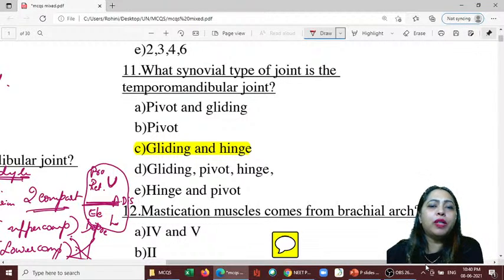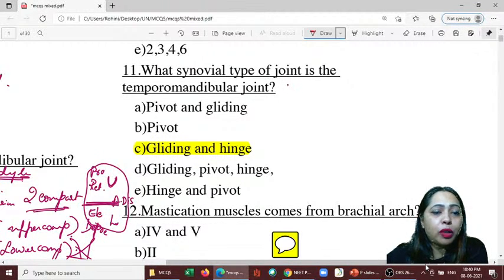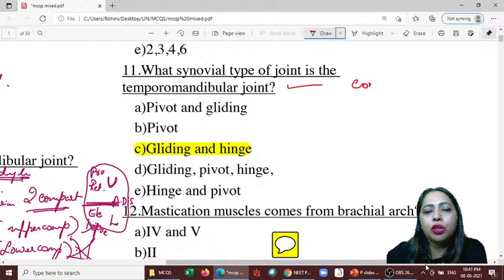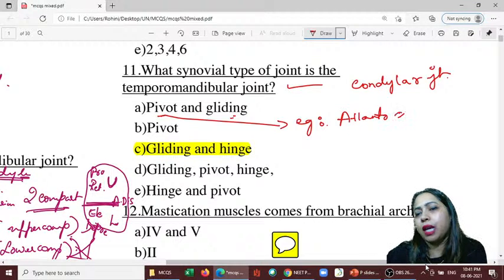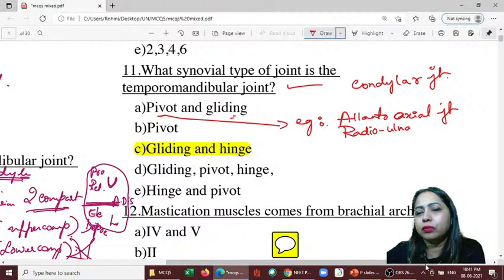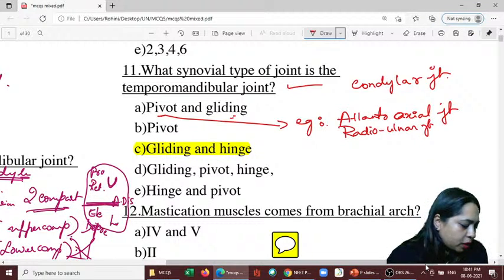Next one, what synovial type of joint is the TM joint? Now we talked about the TM joint. We understood that it is a condylar joint, right? Is it a pivot joint? No. Is it only gliding? No. What is the example for pivot? It is the atlanto-axial joint, radio-ulnar joint.